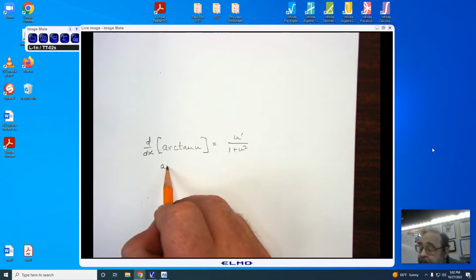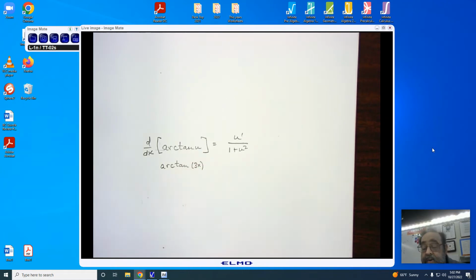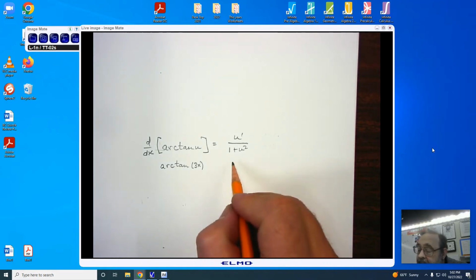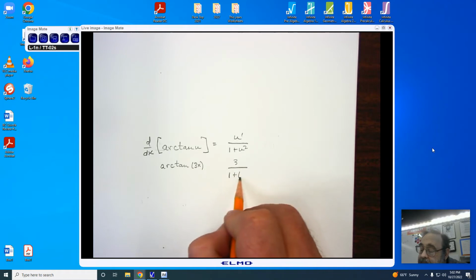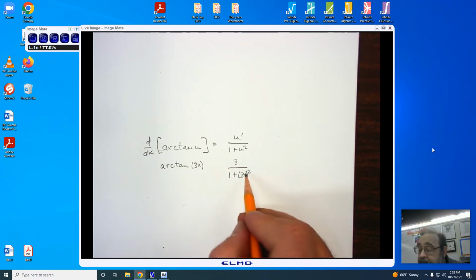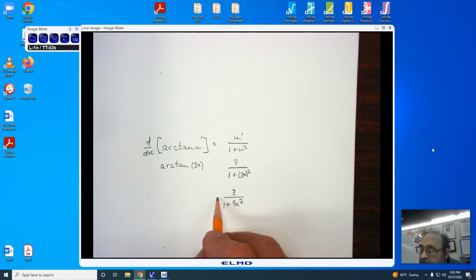Since we're talking about the arctangent of 3x, notice the 1 goes to 0 and drops away completely. We're going to have a 3 in the numerator, and we're going to have 1 plus 3x the quantity squared. Now be careful because we're distributing the power, and that's going to give us 3 over 1 plus 9x squared.